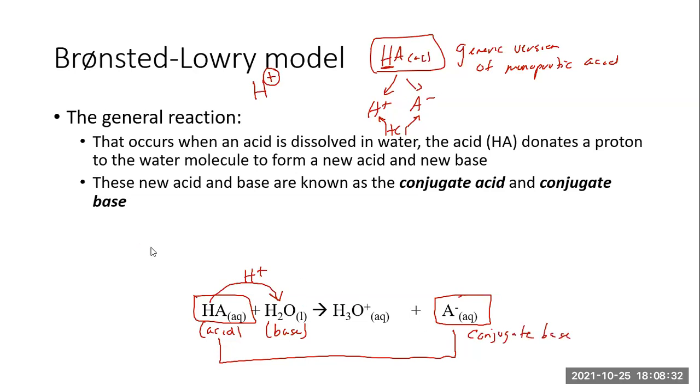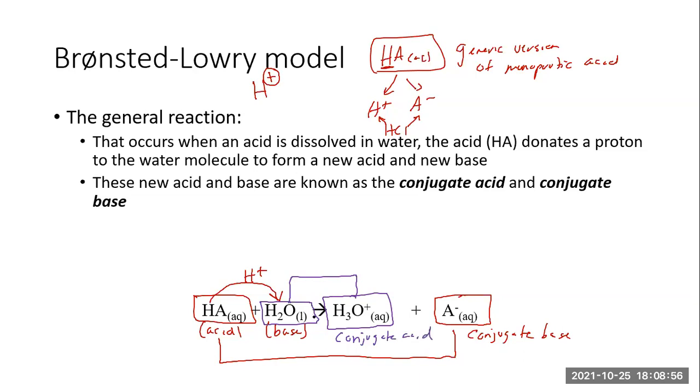Just like that, when water accepts the H plus, water here then becomes H3O plus. And since water is the base, this would be what is referred to as the conjugate acid.